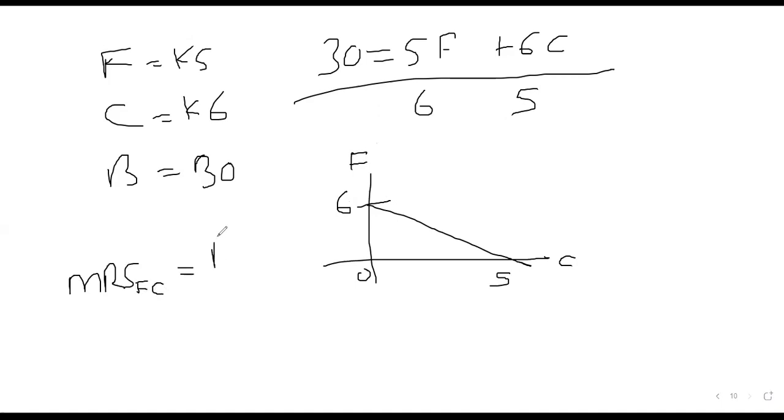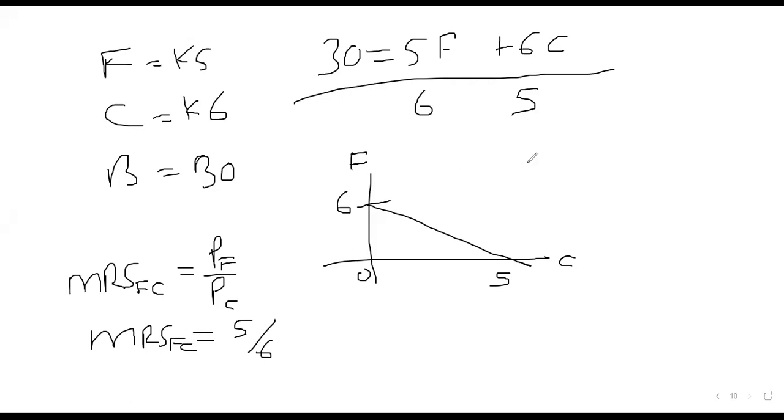So it is the price of Fanta over the price of what? Coke. So price of Fanta was what? 5 kwacha. Price of Coke was what? 6 kwacha. So this is what we call the marginal rate of substitution, Fanta for Coke.